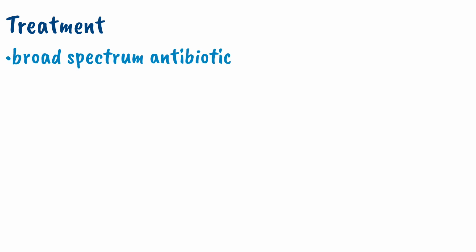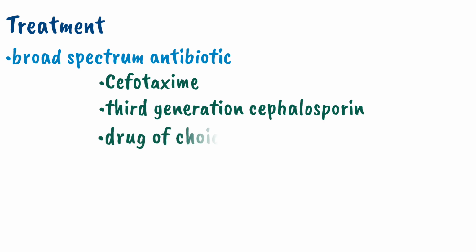Now come toward the treatment of spontaneous bacterial peritonitis. Usually we do not wait for the result of culture. When there is a diagnostic clue toward spontaneous bacterial peritonitis, we directly use a broad spectrum antibiotic. Cefotaxime, a third generation cephalosporin, is the drug of choice.